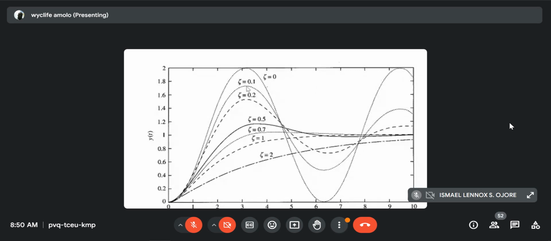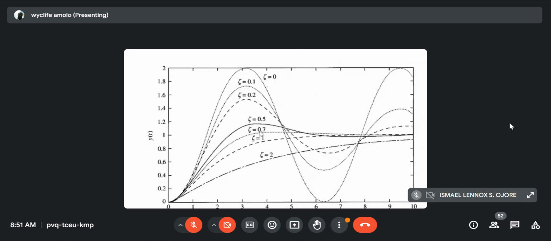When it is 0.1, 0.2, 0.5, 0.7, it is still oscillating, but now the damping has increased.